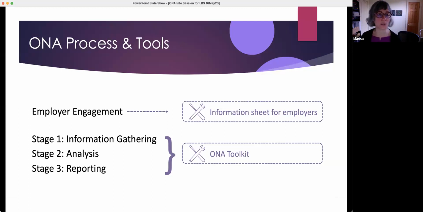And that information sheet was developed by MTML for use in finding an employer for them to do an ONA with, as well as shared with other LBS programs who were doing ONAs. To elaborate the three stages of ONAs, MTML developed a toolkit, and I'll talk a little bit more about that in a moment.